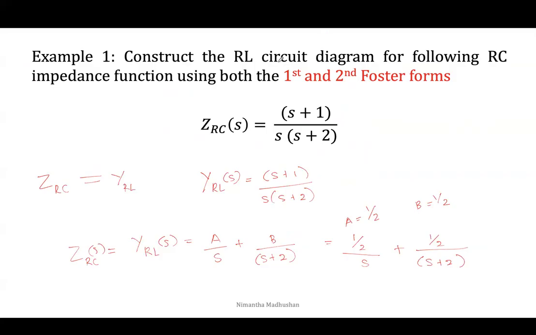To construct an RL network when we have an RC impedance function, we have to convert it into the RL function. The impedance of an RC network is equal to the admittance of an RL network. Then we can do the process according to the first form and second form. Thank you.